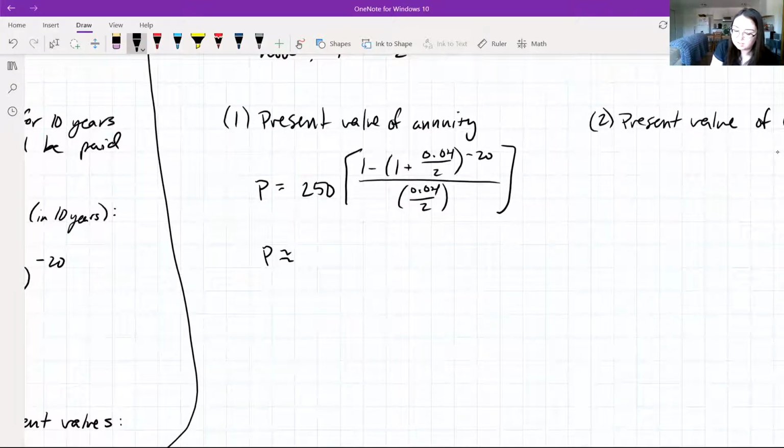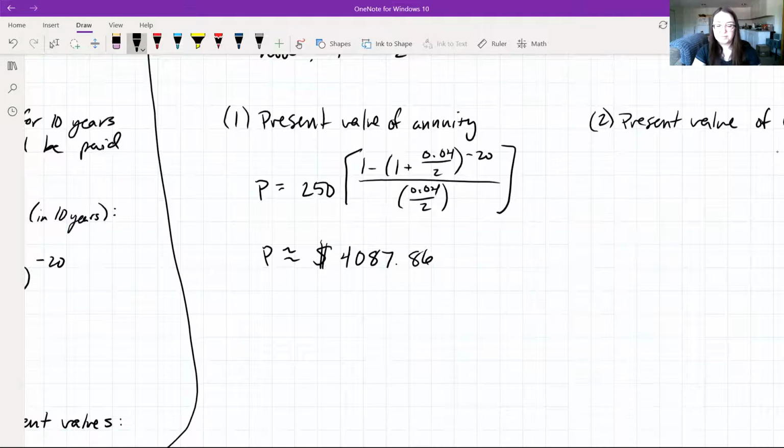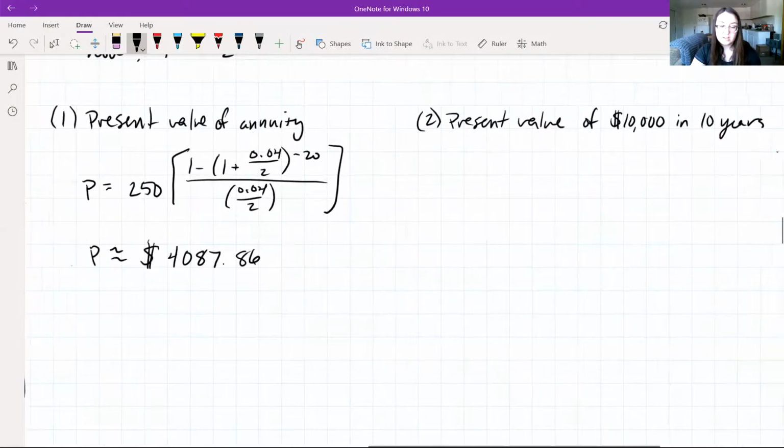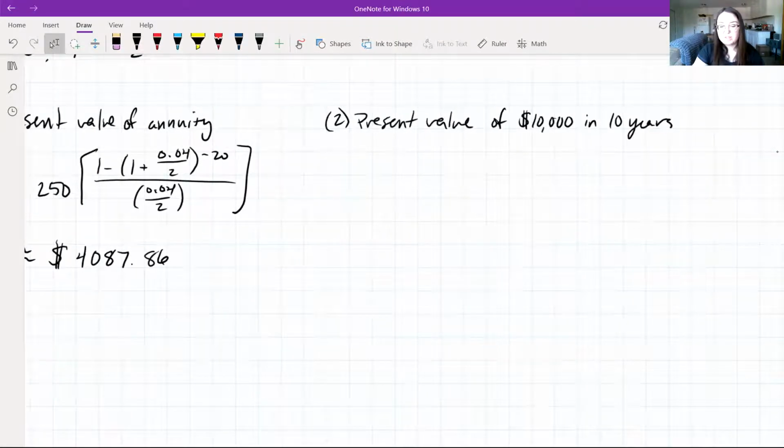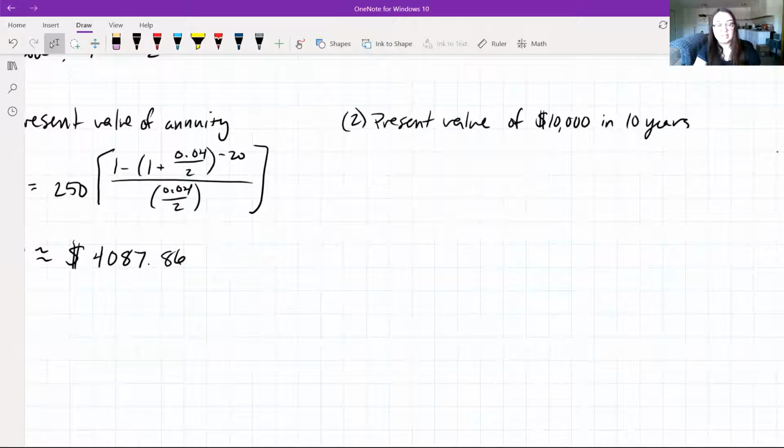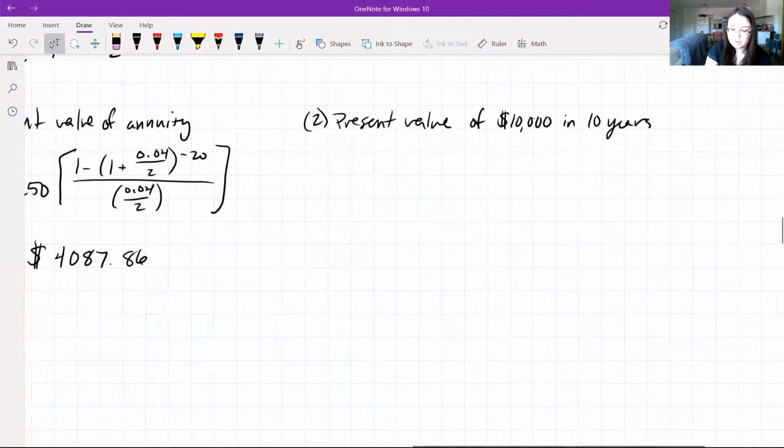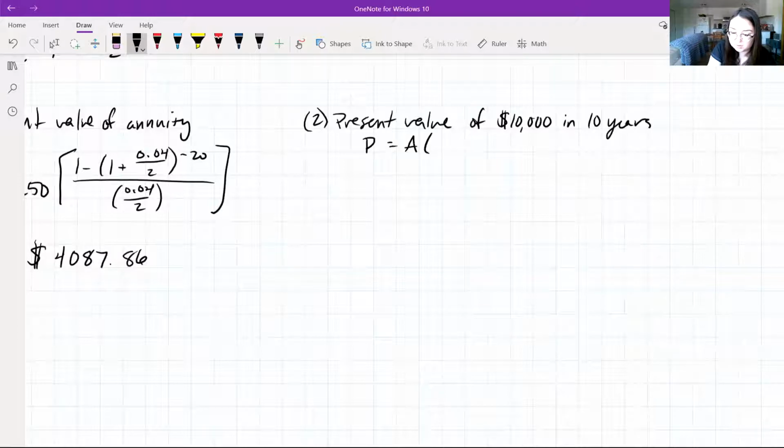And if you calculate this on your own, you should end up getting that P is going to be equal to $4,087.86. Now remember, we're going to do the present value of $10,000 in 10 years. So we're going to do that same equation that we had before, which is P is equal to A times 1 plus i to the negative n.